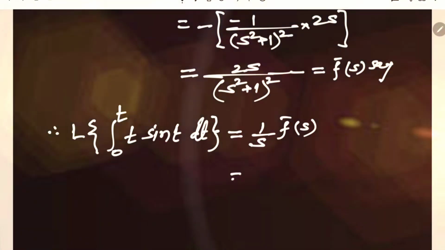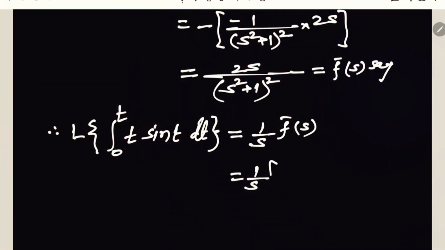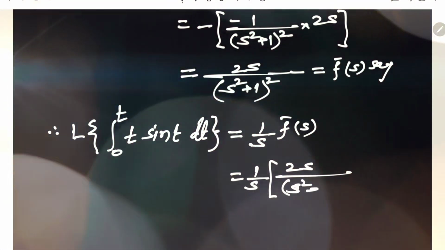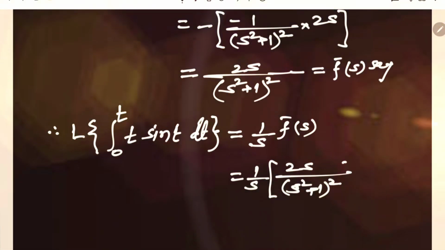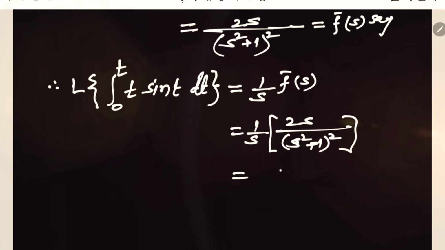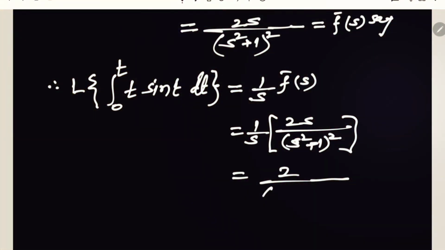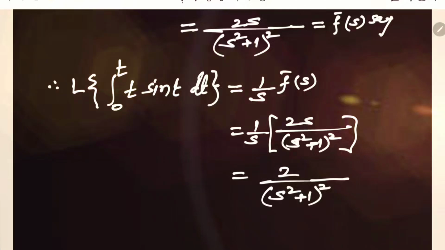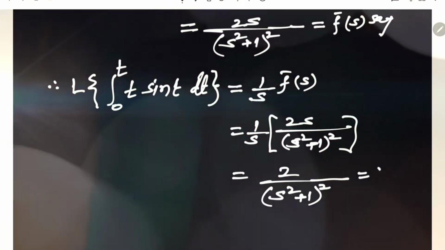Substituting value of f bar of s, therefore it is 1 by s multiplied by 2s upon (s square plus 1) bracket square. So that s's get cancelled, we get 2 upon (s square plus 1) bracket square as another new f bar of s.